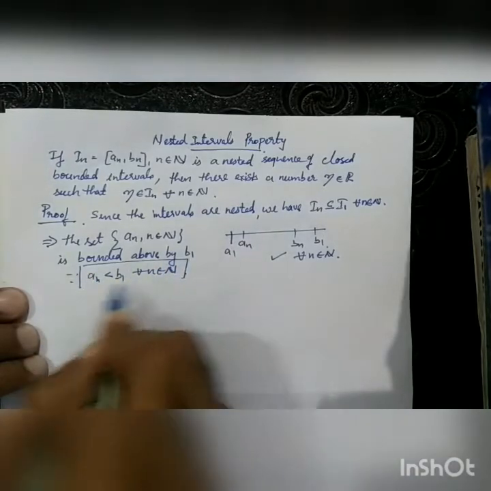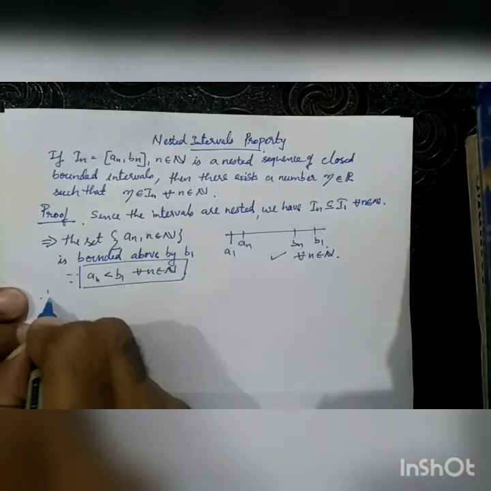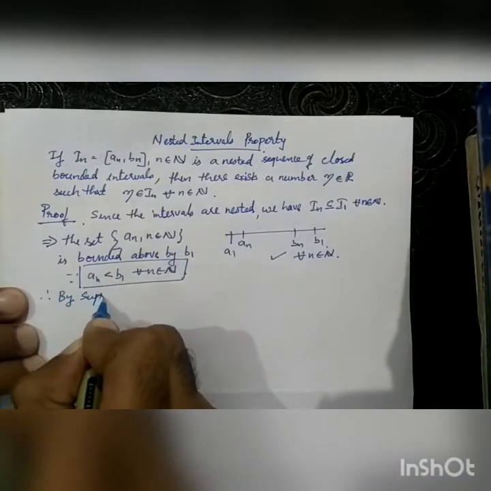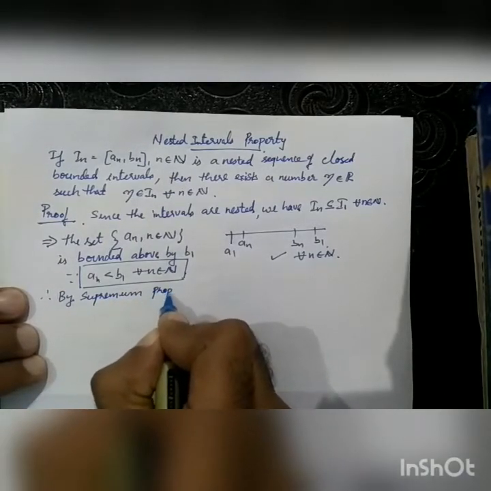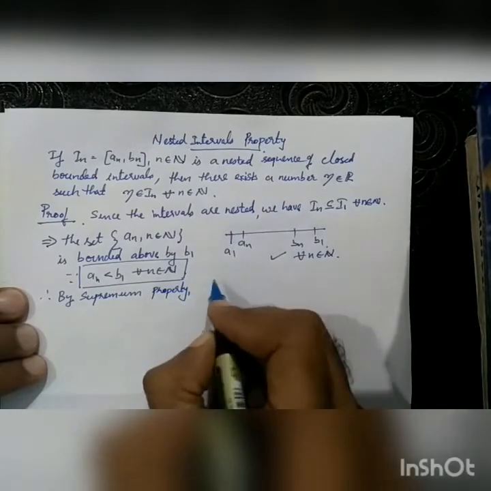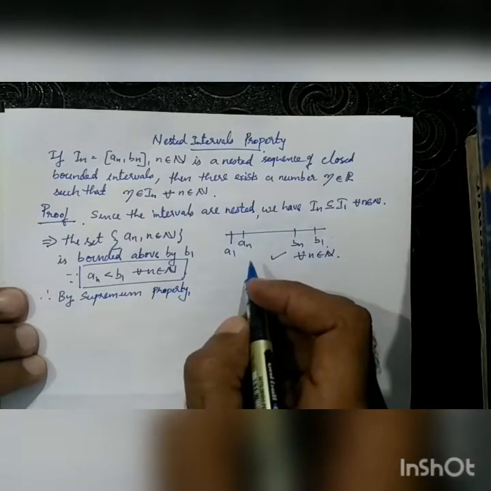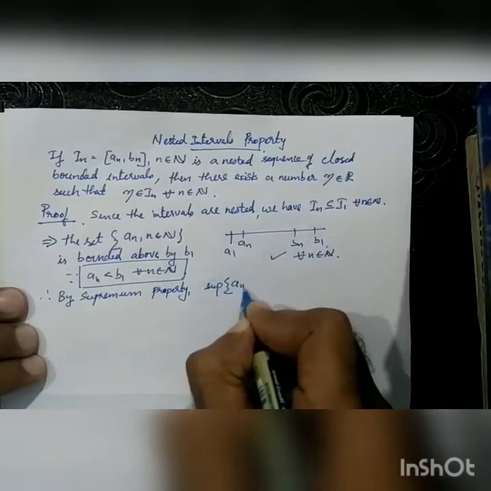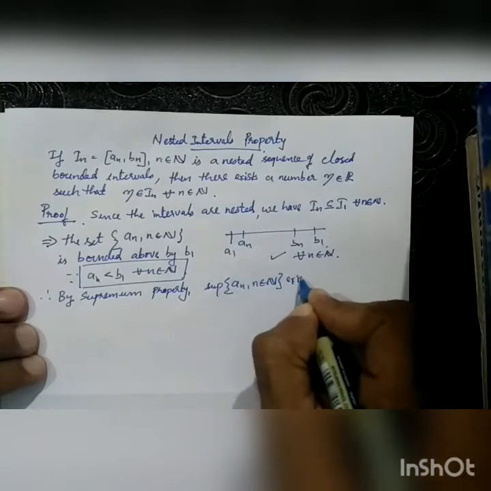Okay. Therefore, the set is bounded above by b1. Therefore, by the supremum property, what exists? The supremum of the set {an : n belongs to N} exists.